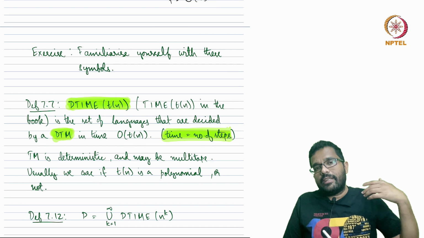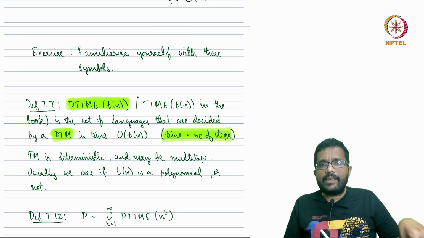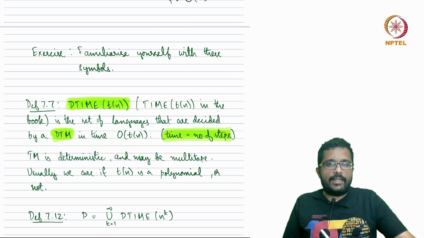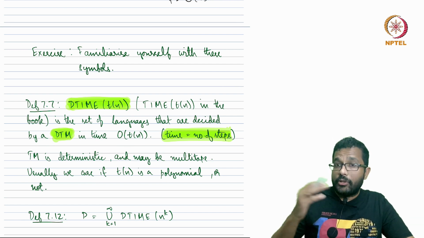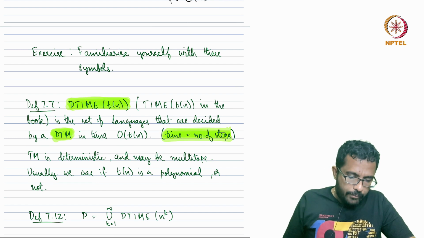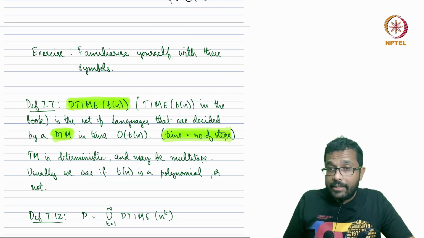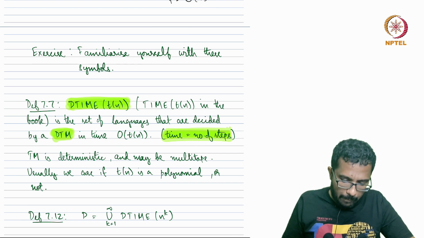So we care maybe about n squared versus 2 power n. We usually care less about n squared versus n cubed. We care about polynomial versus not polynomial, right? So that's why we are going to be assuming that it is deterministic and it could be multi-tape, right?